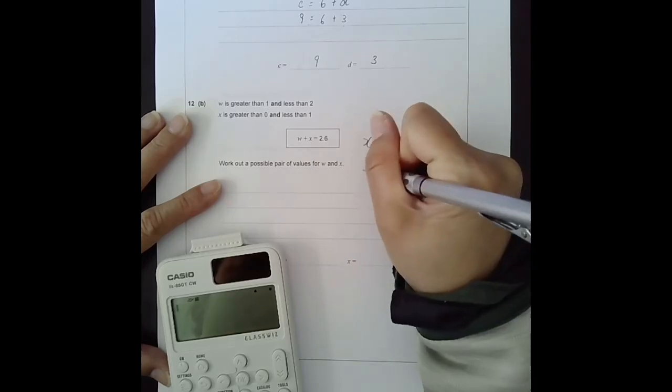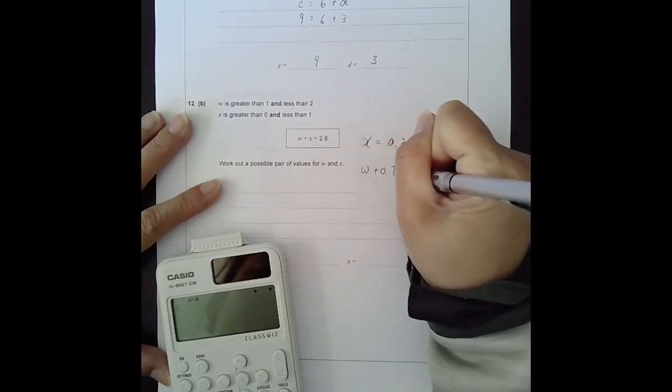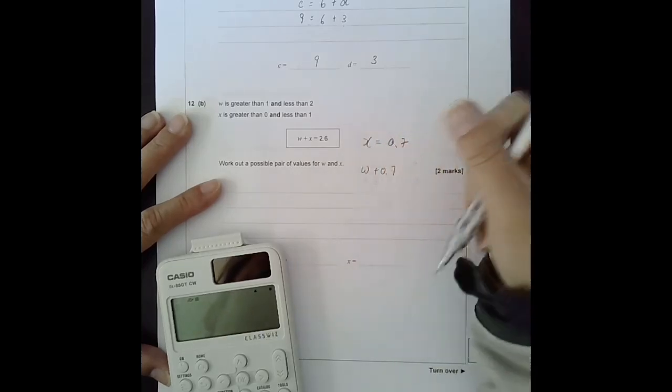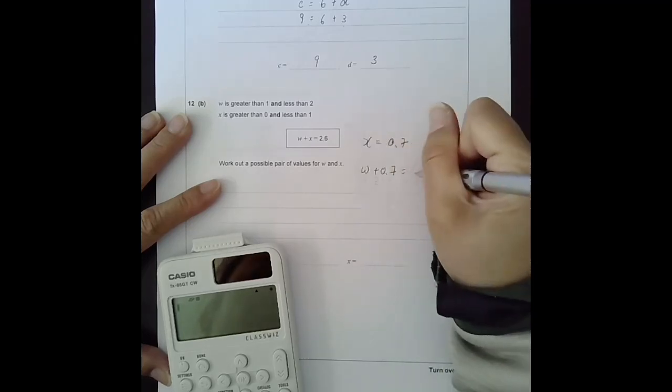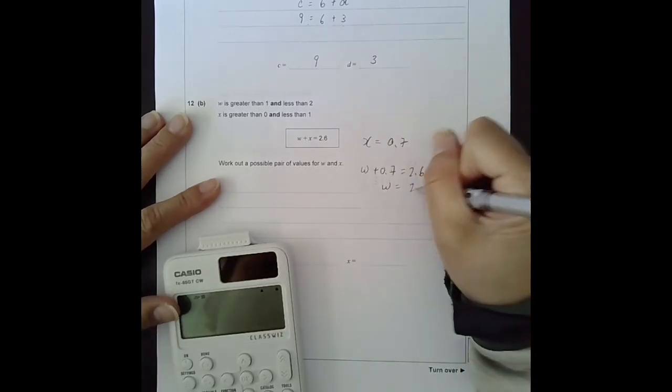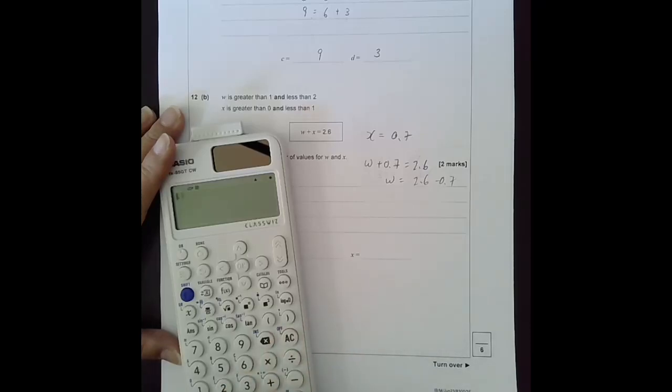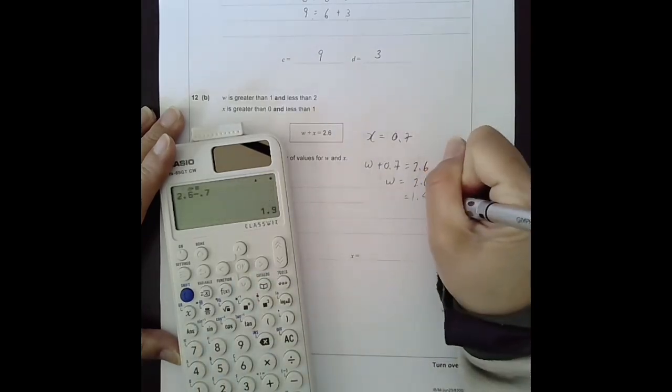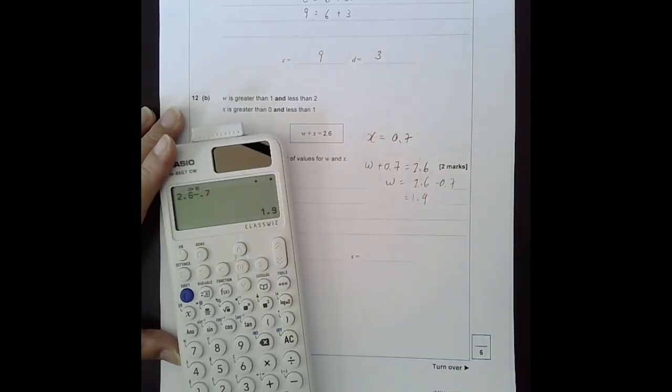When X is 0.7, W plus 0.7 equals 2.6. So W has to equal 2.6 minus 0.7. 2.6 minus 0.7 is 1.9. Yep, that fits. Looks like this is the only answer.